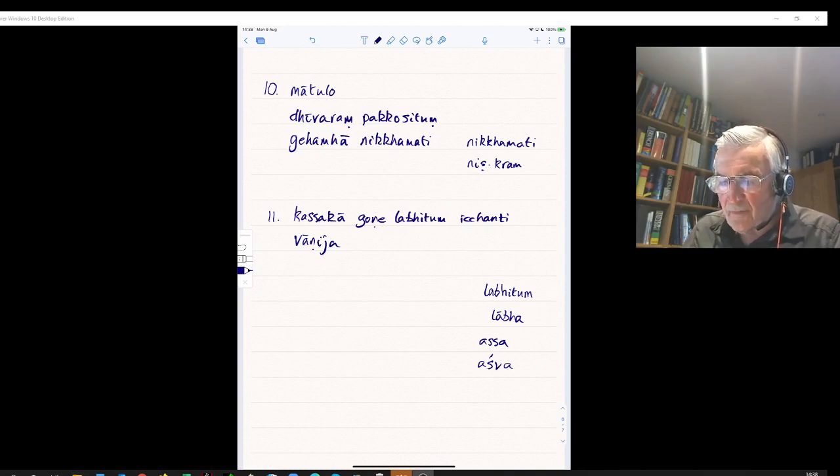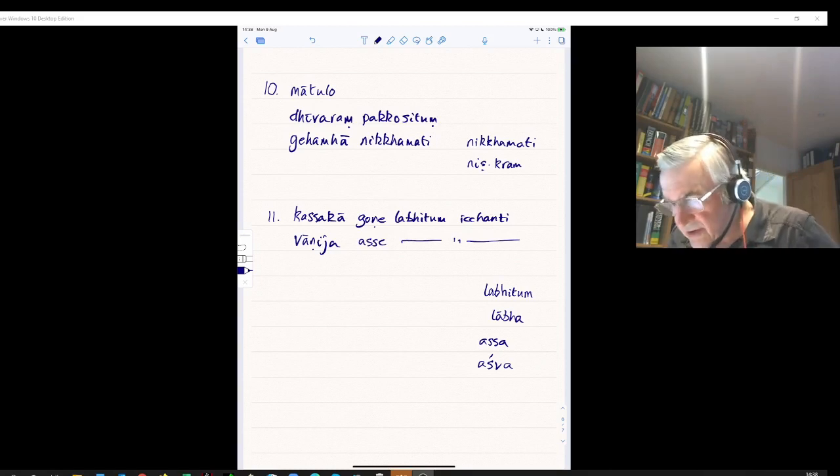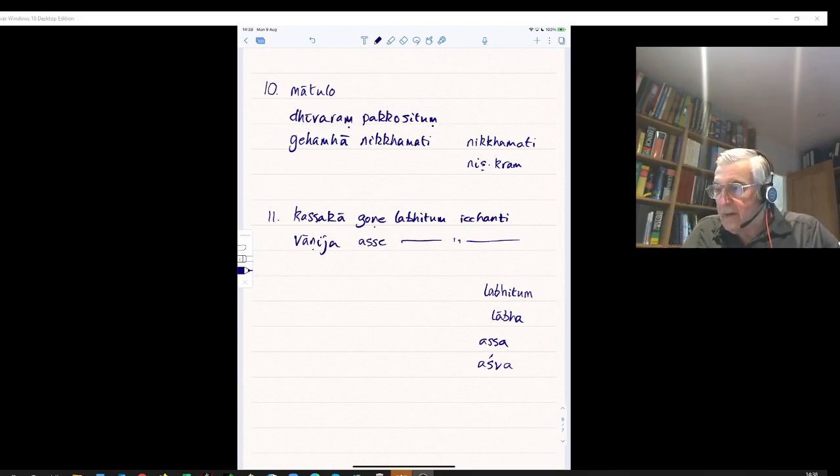So horses, accusative plural, asse, vanija asse. And the same labhitum ichanti. So the entire sentence, kassaka gune labhitum ichanti, vanija asse labhitum ichanti.